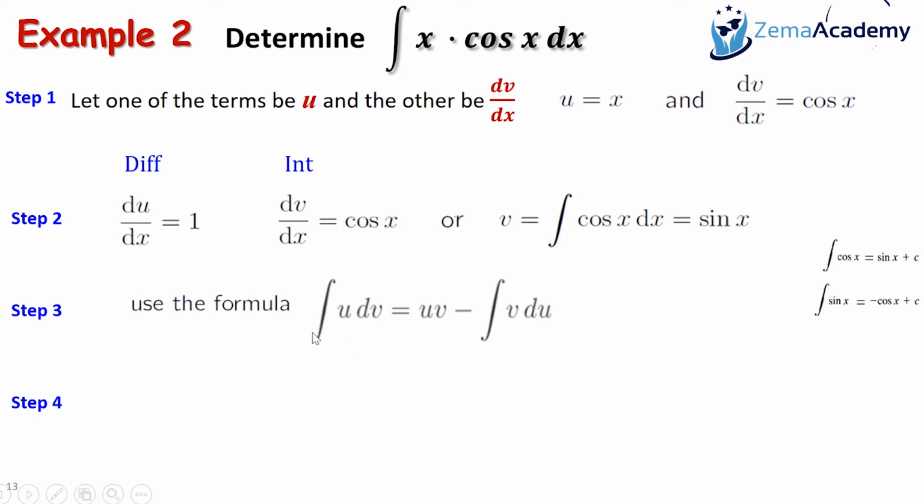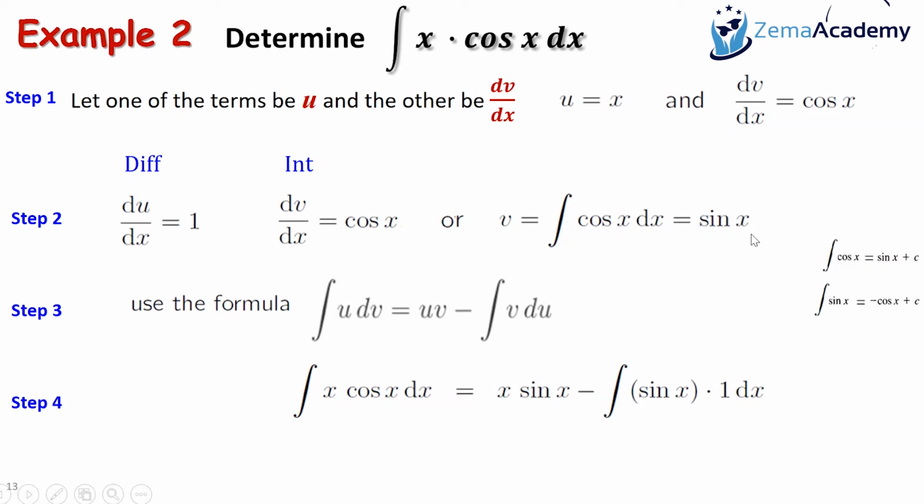So now my integral x cos x is u times v, which is x times sin x, minus integral v du, where v is sin x, du is dx. Here it is. So here u is x, v is sin x.